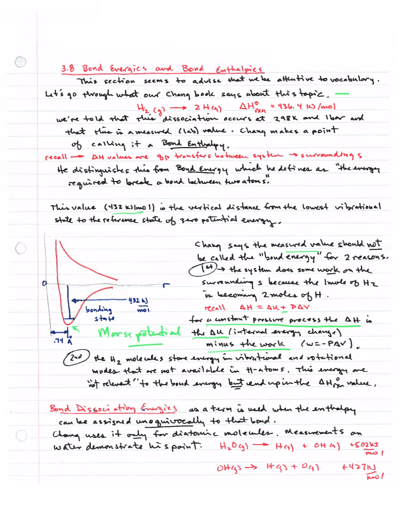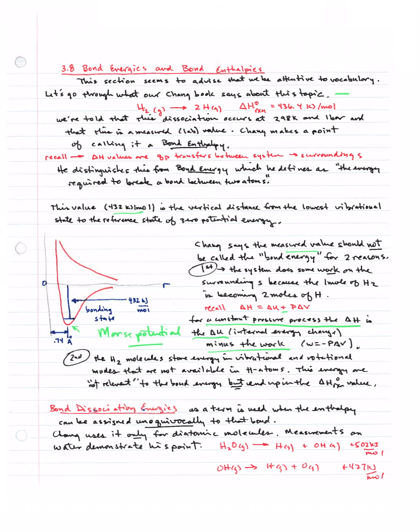Delta H is equal to delta U plus P delta V if you do it at a constant pressure process. Another way of saying what delta H is to call it the internal energy change minus the work. Work is defined as minus P delta V, so that's why it's internal energy change minus work. So that's one reason why the enthalpy change is not what the bond energy is.